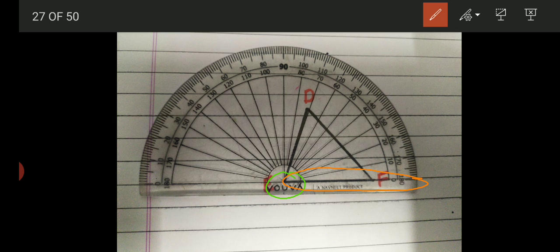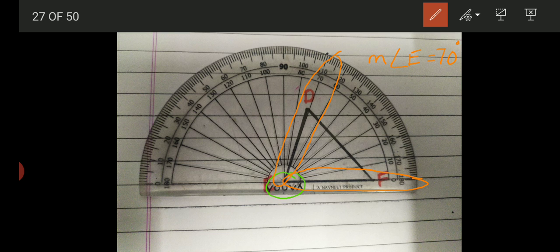One arm of angle E is going towards the 0 degree, as I've highlighted in orange color, and the second arm of angle E is going towards 70 degree. Can you see the black line? It is marking towards the 70 degree. So children, with this I conclude that the measure of angle E is 70 degree.